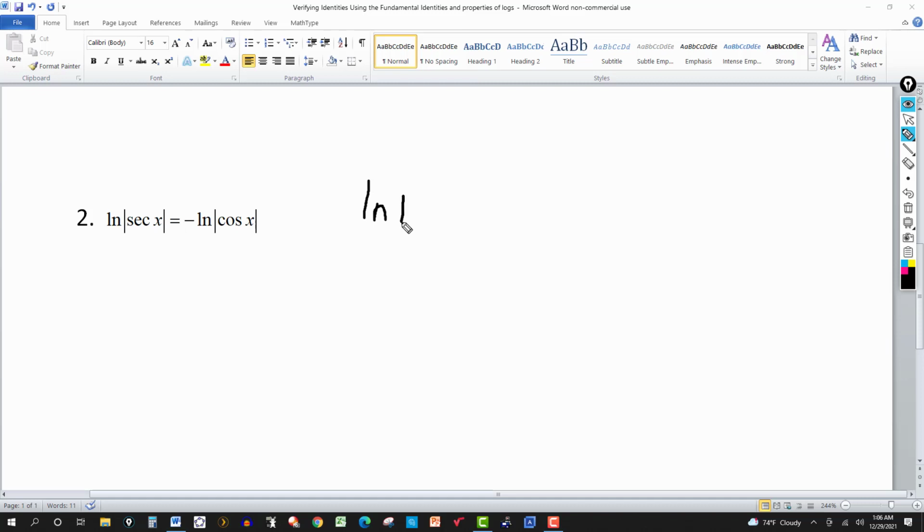So let me just take the left side to start off with. And I would suggest you always write out completely the side you're working with. If you're working with the left side, write it out. If you're working with the right side, write it out, and then show how it simplifies to the other side.